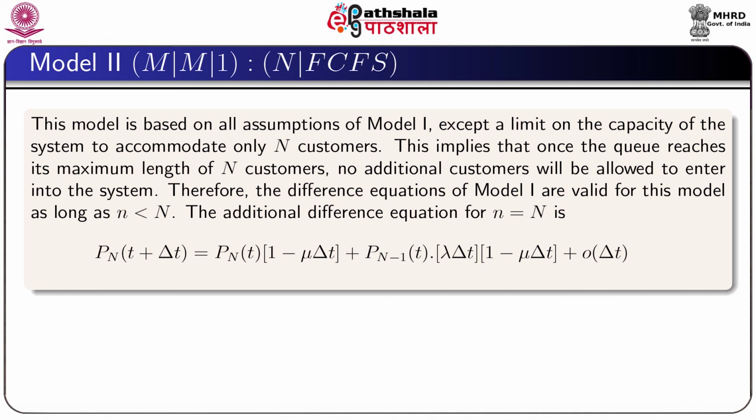Therefore, the difference equations of model 1 are valid for this model as long as n is less than capital N. The additional difference equation for n equal to capital N is as shown in the slide.